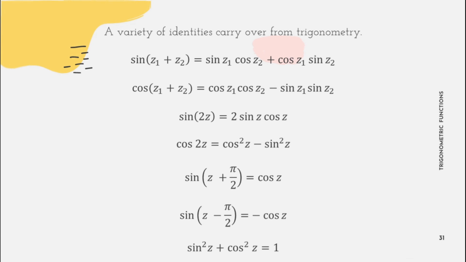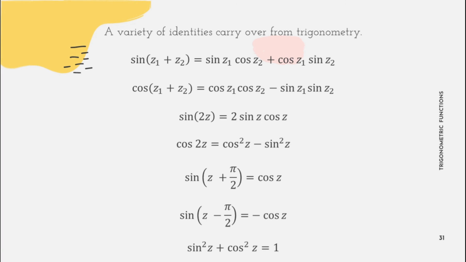The first identity is sine z1 plus z2 is equal to sine z1 times cosine z2 plus cosine z1 times sine z2, and cosine z1 plus z2 is equal to cosine z1 times cosine z2 minus sine z1 times sine z2.